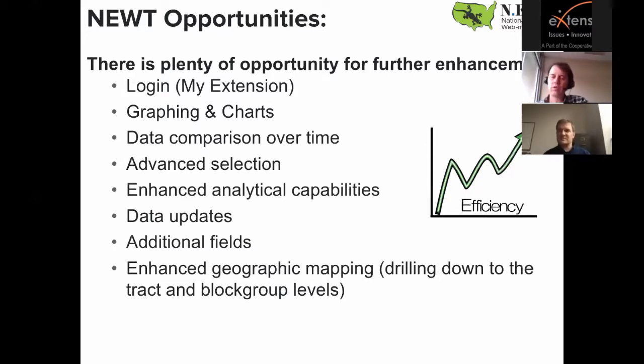Or two, there could be some farms, but there's really not enough to protect the privacy of the operations in that particular county. So the USDA filters those out because they don't want to invade on people's privacy. We haven't done anything to the data. We're just pulling it down.